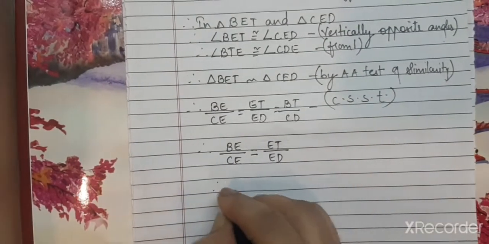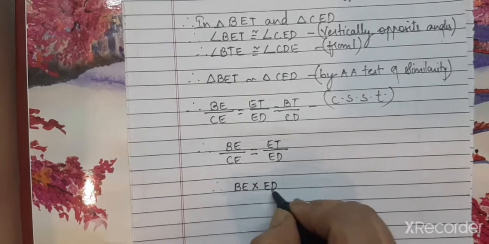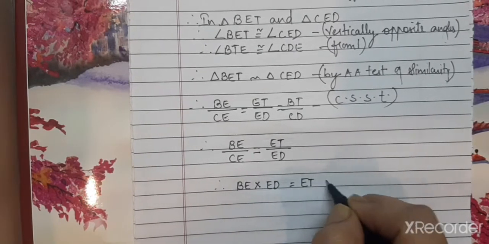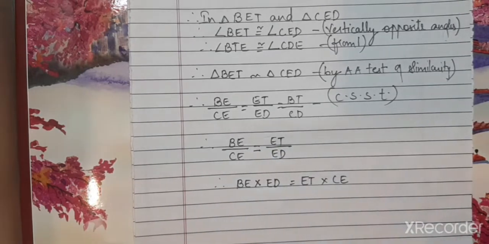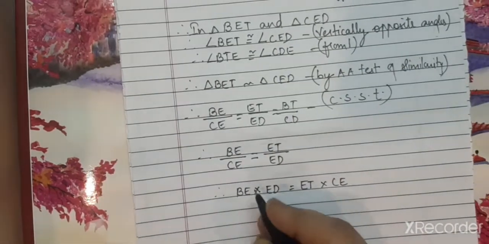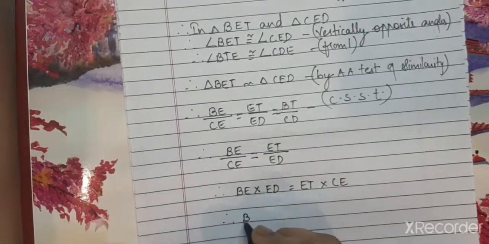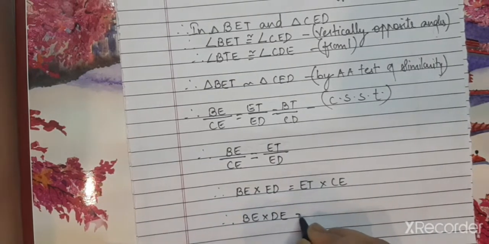Now, we cross multiply. So, BE multiplied by ED is equal to ET multiplied by CE. We just cross multiplied. Now, here it is ED, but we want DE. So, let BE be as BE only, but ED we will write as DE.